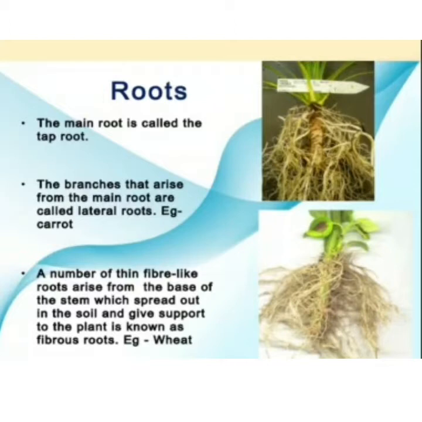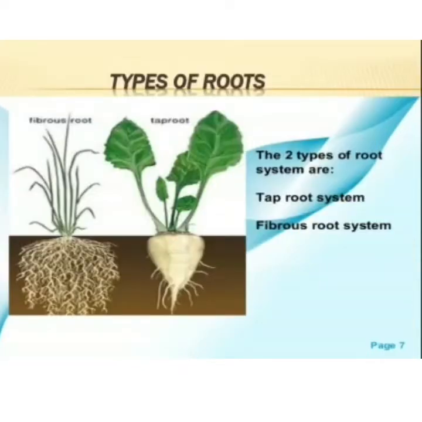So what we understand from this is that roots are of two types. The first one is tap root and the other one is fibrous roots, and the thin fiber-like structures which come out of the main root are called our lateral roots. The two types of root system are tap root system and fibrous root system.